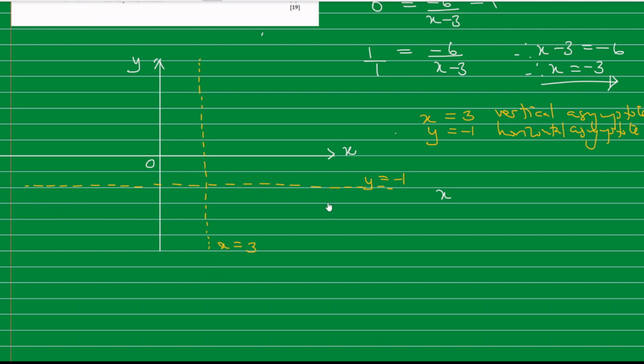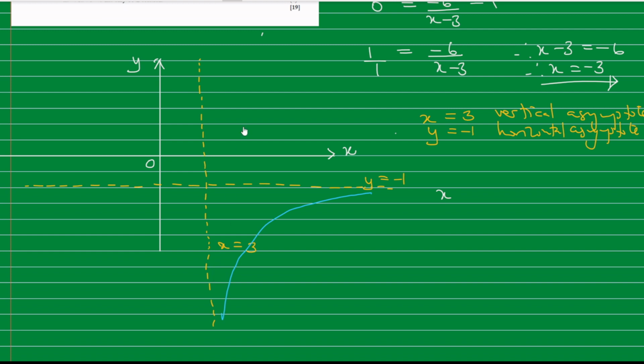Now, this is the fourth quadrant, which means part of the graph will lie here. We are assuming that this is a vertical asymptote that will continue. So the part of the graph will lie there. That is the fourth quadrant of the asymptotes.